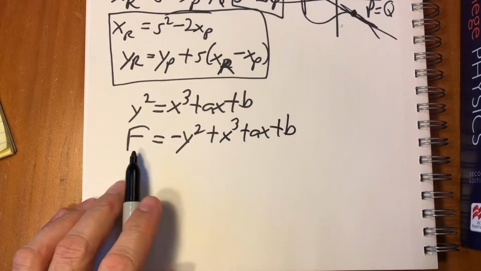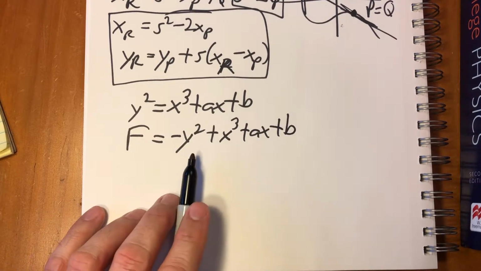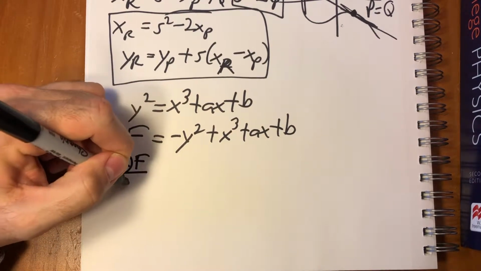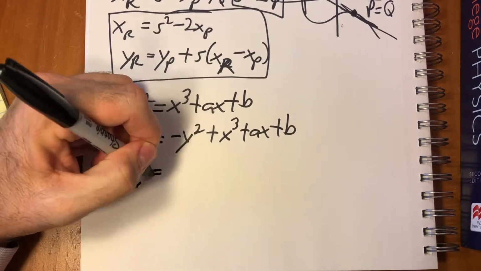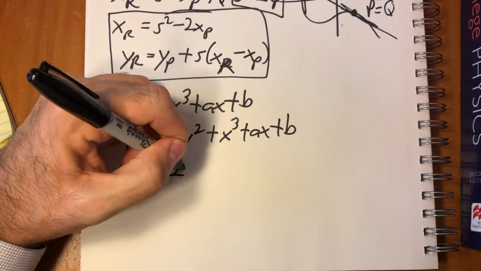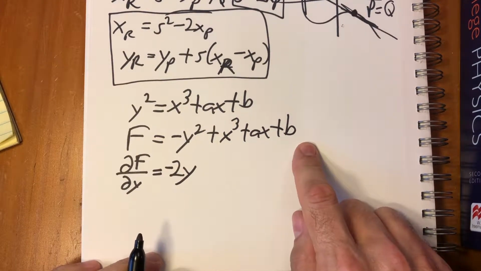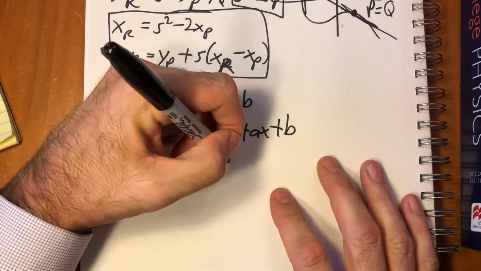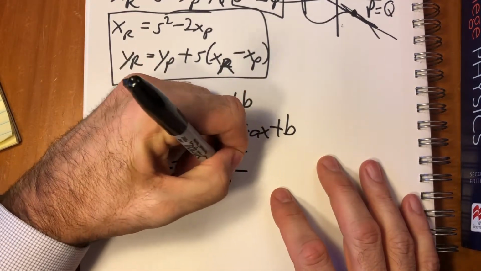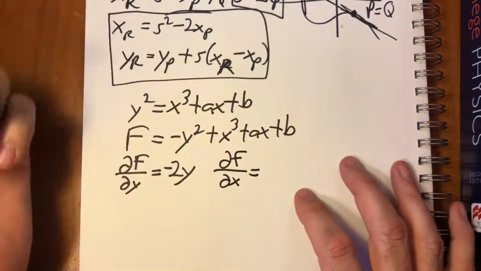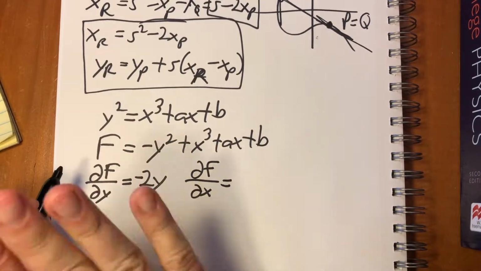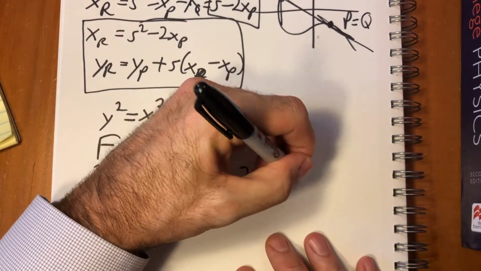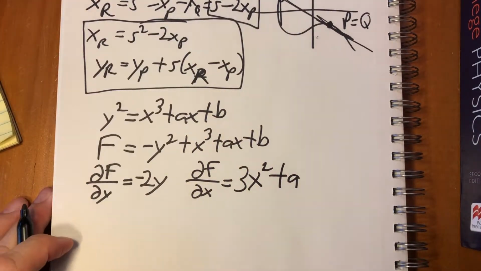Okay, so now we're just going to take the partial derivative of f with respect to y, which is minus 2y, and then these are all constants, so the derivative of them is nothing. So that's the derivative with respect to y. Then we take the derivative with respect to x, and now this one's constant, it goes away, and we get 3x squared plus a, and then that one goes away too.